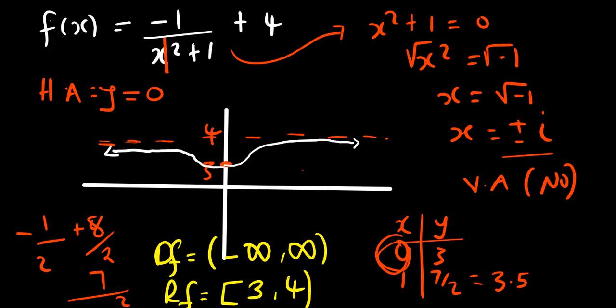Okay, let's solve another one. Now how do you sketch the function f of x equals x over x squared minus x minus 6?